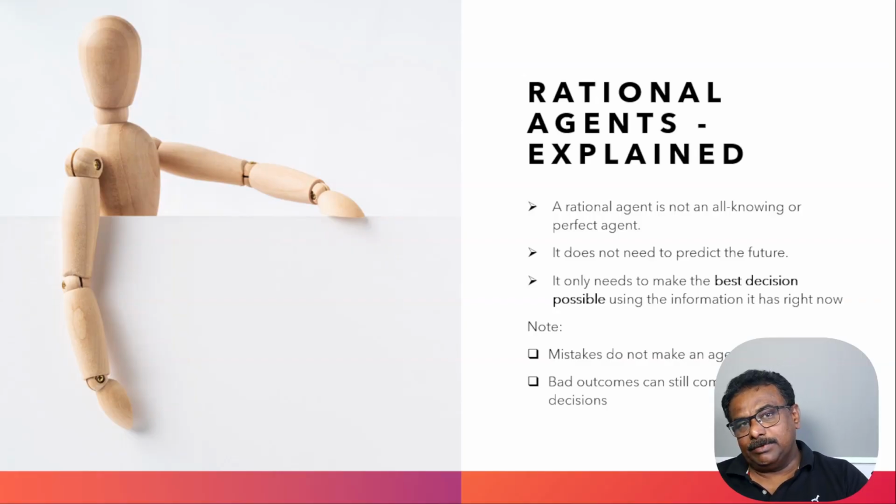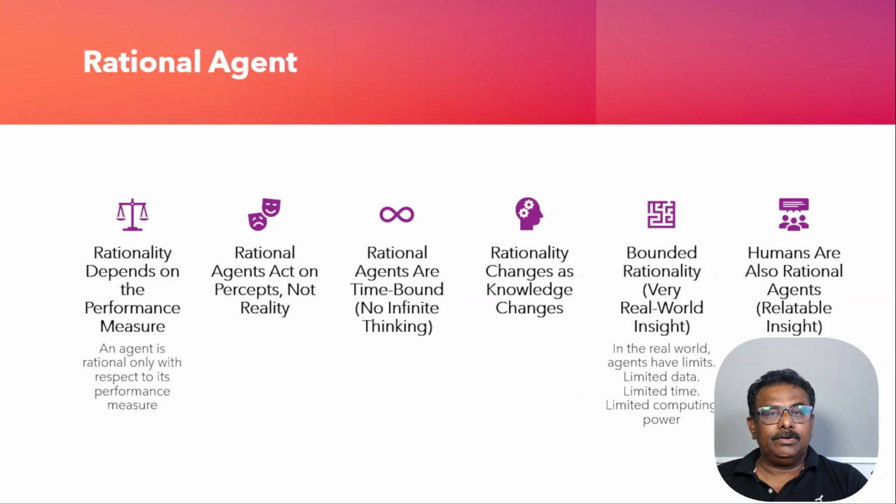So there is a difference between rationality and mistakes. A rational agent doesn't mean an agent which makes mistakes. Some key characteristics of a rational agent are: an agent is rational only with respect to the performance measure. That means a definition of success.